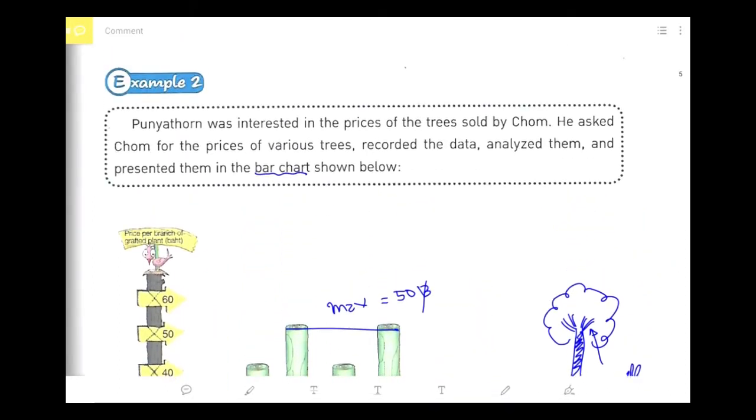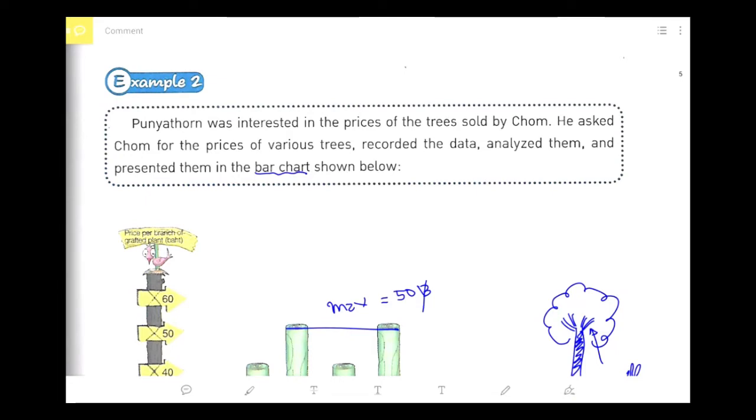Last time we talked about Banyatan, right? He was interested in the prices of trees sold by Mr. Jom, the shop owner. So he asked Jom about the prices of various trees, recorded the data, analyzed it, and presented it in a bar chart.